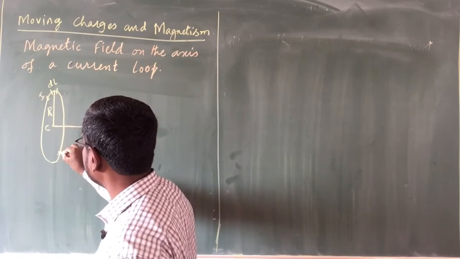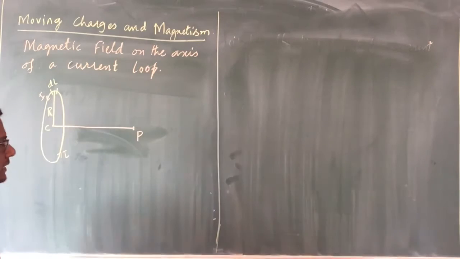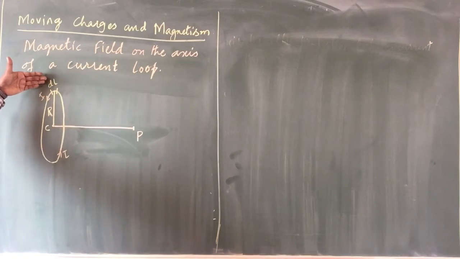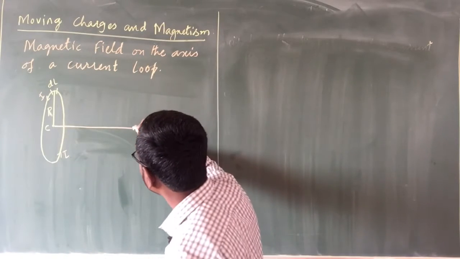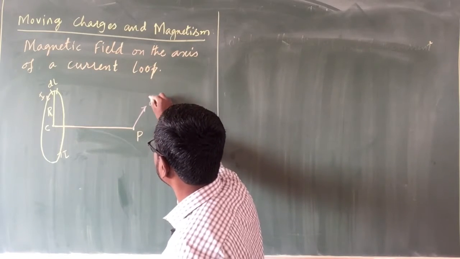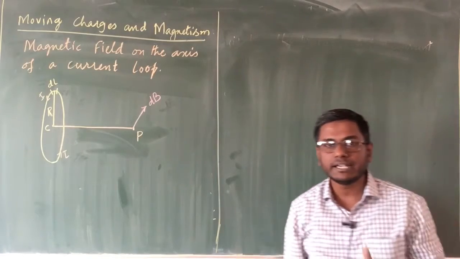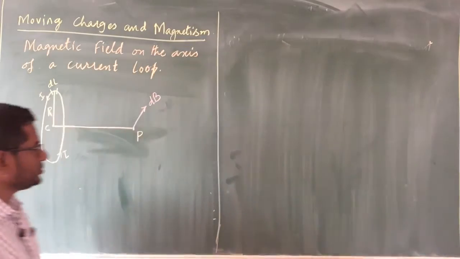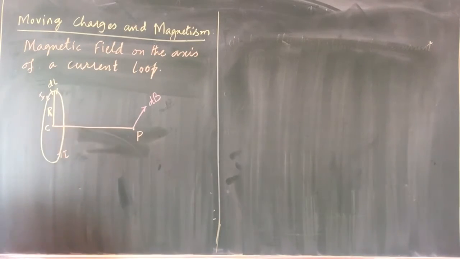The magnetic field will be produced by this current element at point P, and this is going to be the direction of the magnetic field produced at point P due to the element dl.